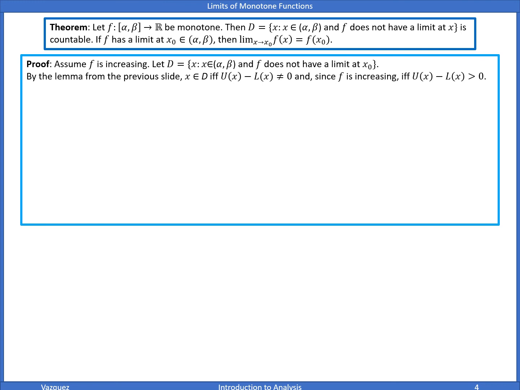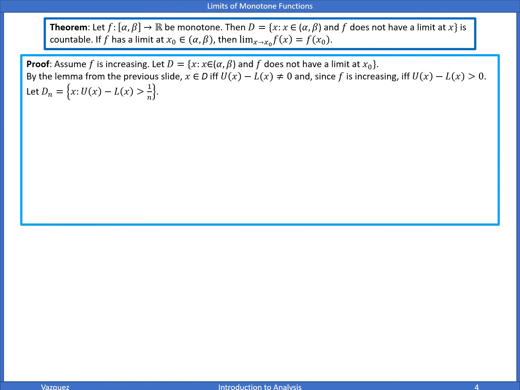And because it's increasing, u of x minus L of x is greater than 0. If the function were decreasing, we would have that u of x minus L of x would be less than 0. But in this case, it's increasing, so u of x minus L of x is greater than 0. Now here's a bit of a confusing part.